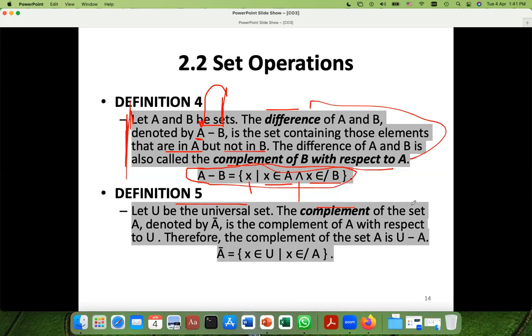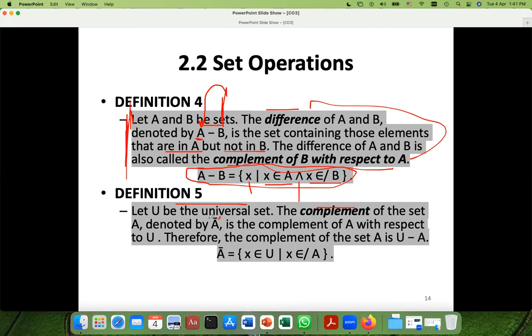The complement of the set A, we can represent with A bar, this small line over it, which is called bar. We can represent the complement of a set A with A bar, which is the complement of A with respect to U.